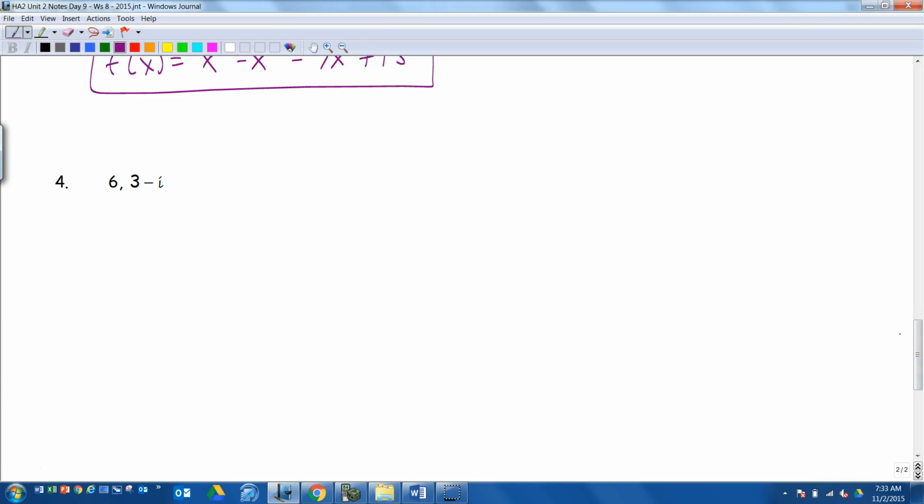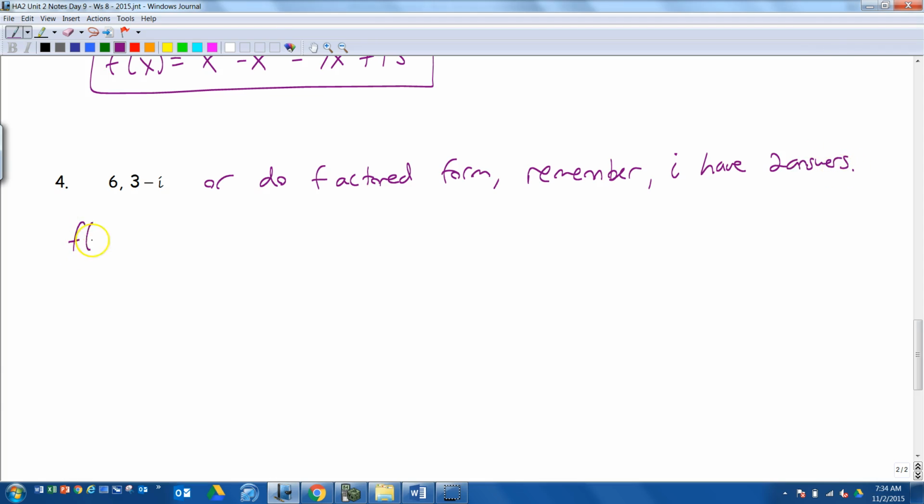Now, if you're not comfortable with that, the other method is, you can do factored form if you just don't want to think about solving. And then remember, the imaginaries have two answers. So, factored form.